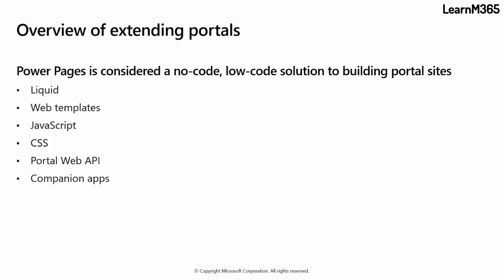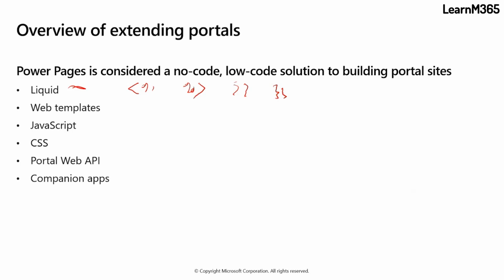In the case of Liquid, you have a special notation: percentage symbols are used, and double curly brackets are used, and it helps you define your web templates too. Portals are provisioned with a preset set of web templates. Web templates define how a web page is structured.